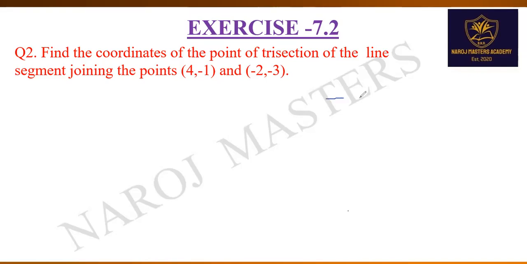Draw the line whose coordinates are x1, comma y1, that is 4, comma -1, and x2, comma y2, so that is -2, comma -3. Let me take it as x1, comma y1, x2, comma y2.